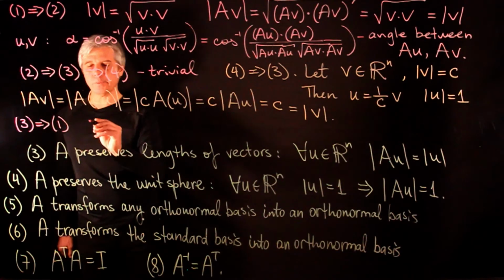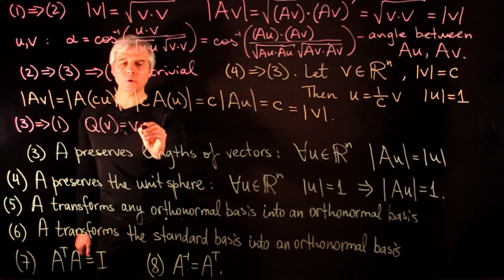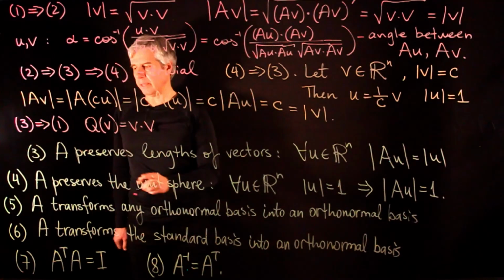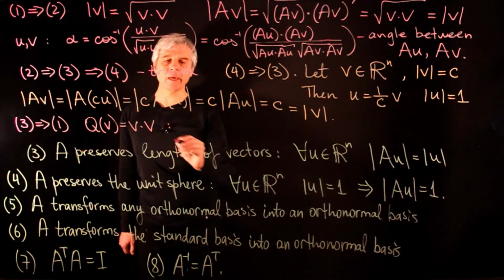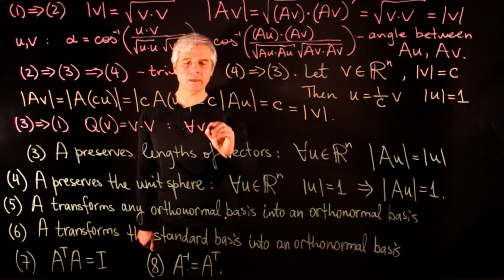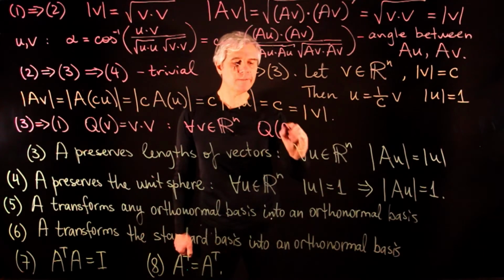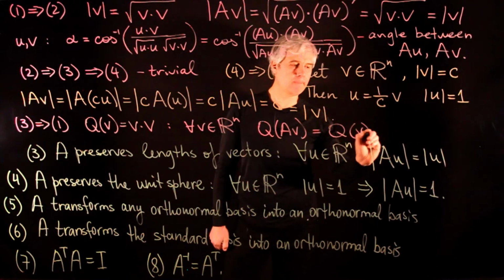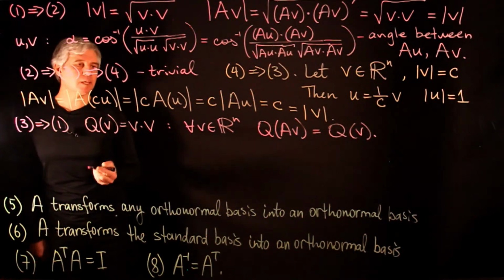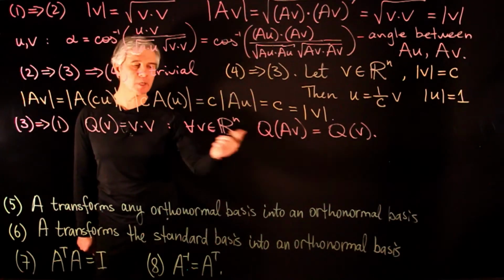So for this, we will consider the quadratic form, q of v, which is the dot product of v with v. And the condition that A preserves lengths of vectors can be written that for all v in Rn, q of AV is equal to q of v. But we have seen that the scalar product may be expressed in terms of the corresponding quadratic form.